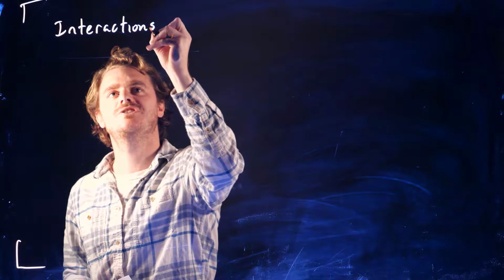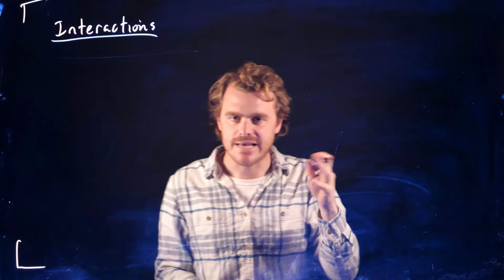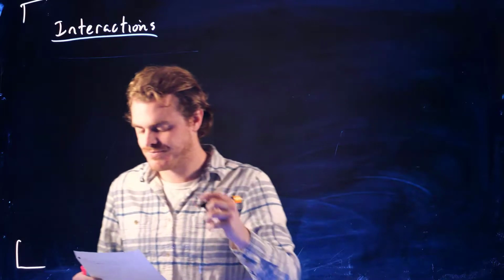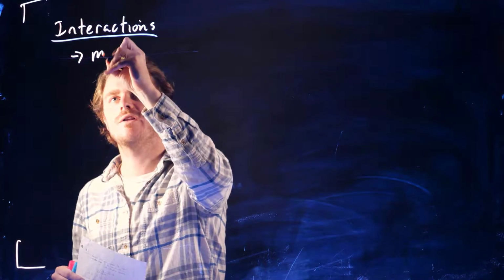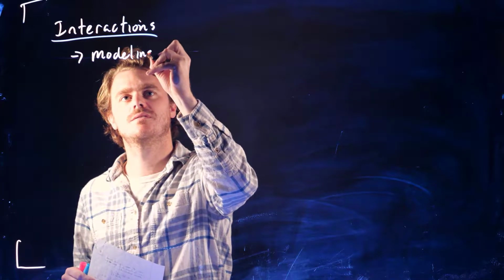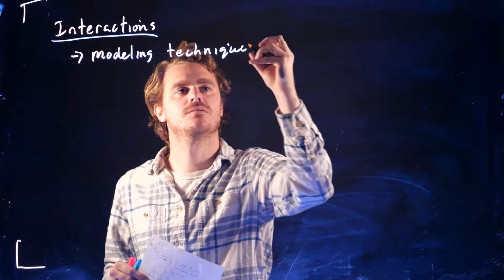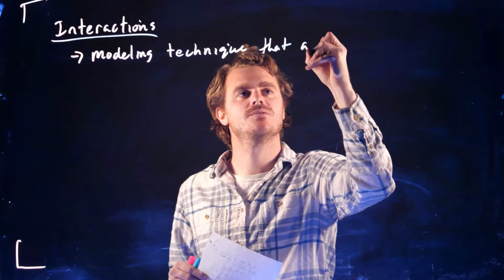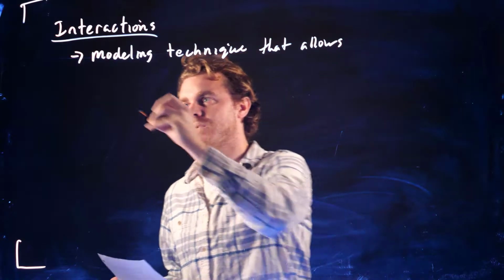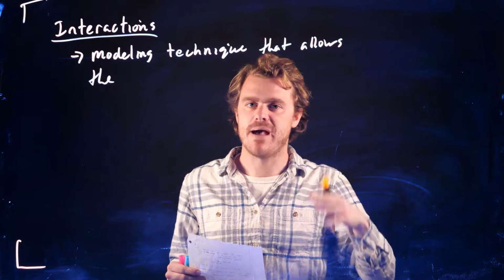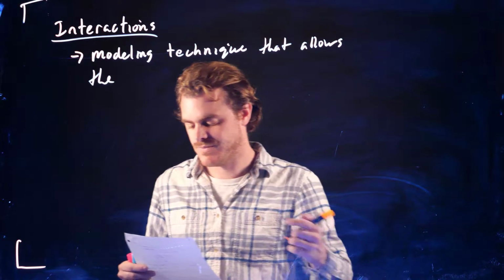As the name suggests, this is when we interact two of the independent variables together. So it's a modeling technique that allows the marginal effect of one variable to be dependent on the level of another.